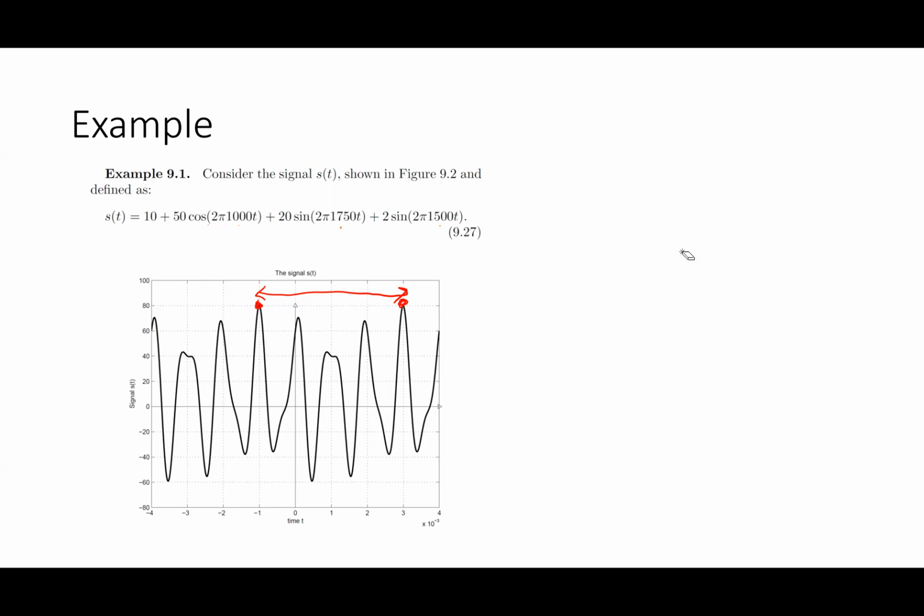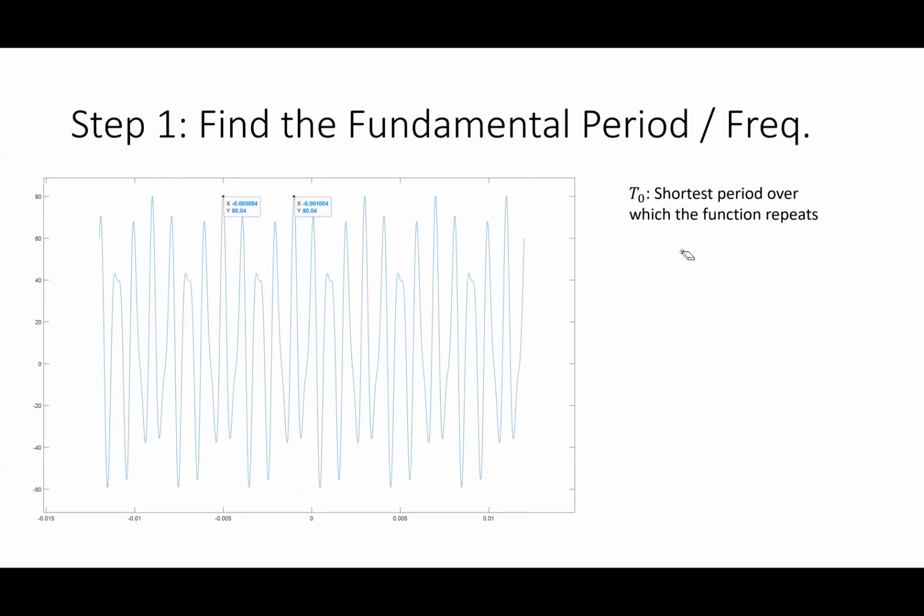Now, to figure that out, there's a couple of ways to go through that step. One of them would be to plot the waveform. So I plotted the waveform, and in MATLAB I measured the amount of time it took to get from one peak to the next. If you look at this, this is basically -5 milliseconds and -1 millisecond.